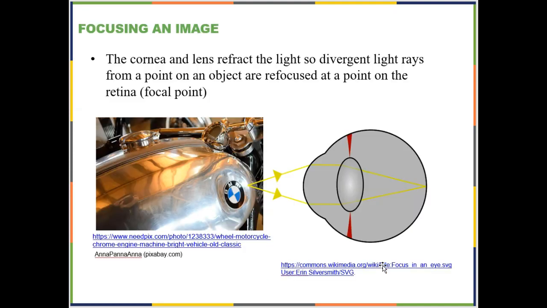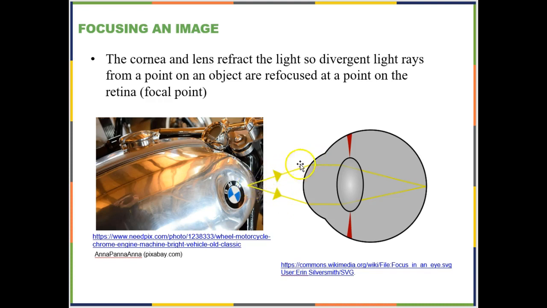So why do you have to focus this light in the first place? What you want to understand is that every object in your field of view is scattering light in all different directions. If you pass by a nice shiny car on a sunny day, you get that starburst effect off of the chrome, or a really nice new paint job. That's happening all the time. You're just not always aware of it.